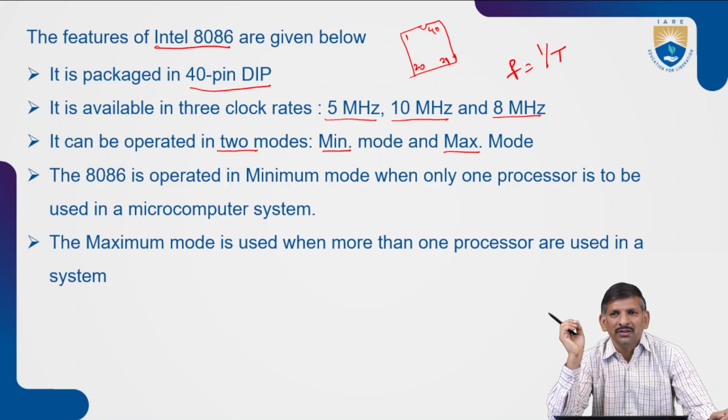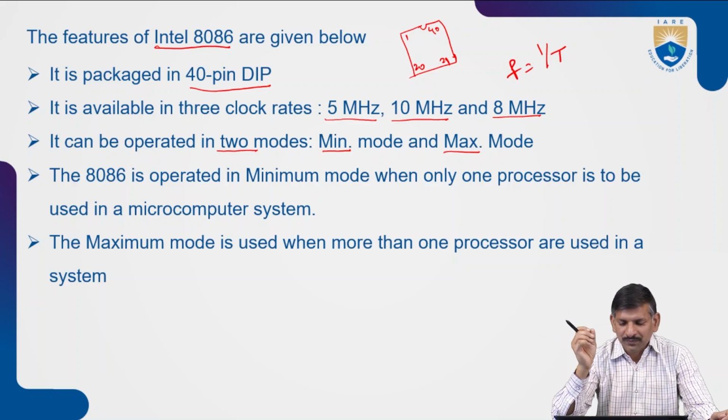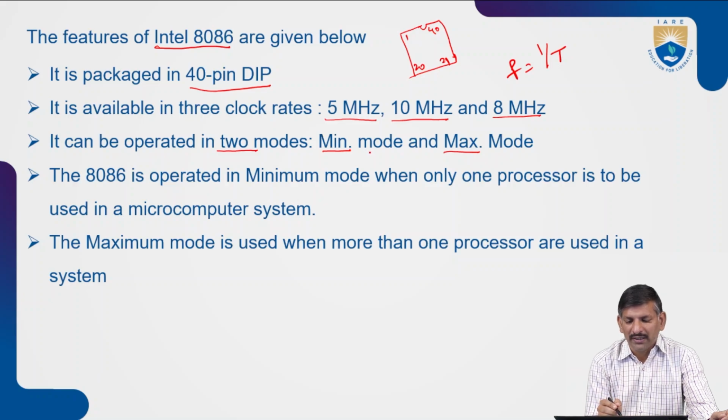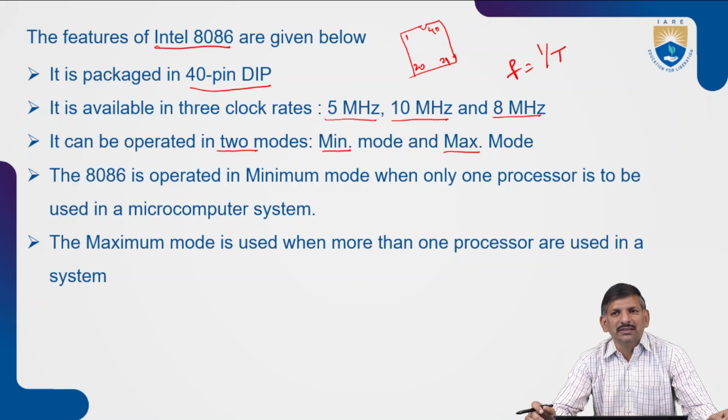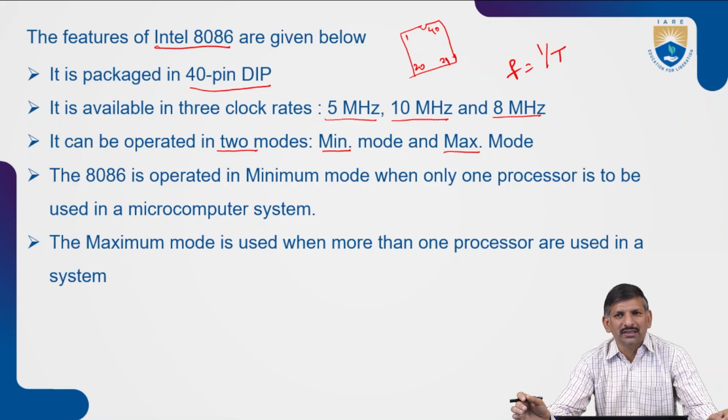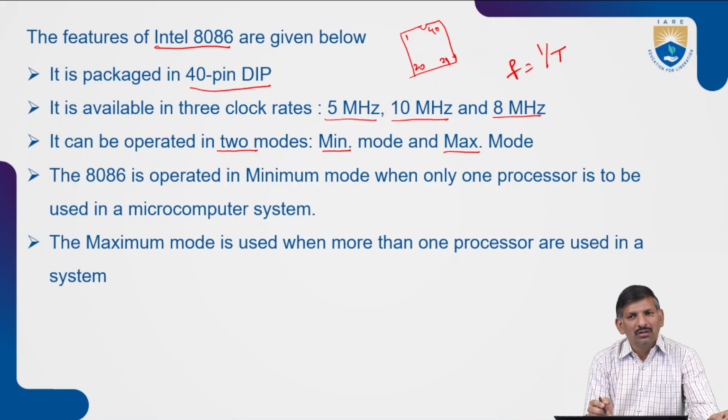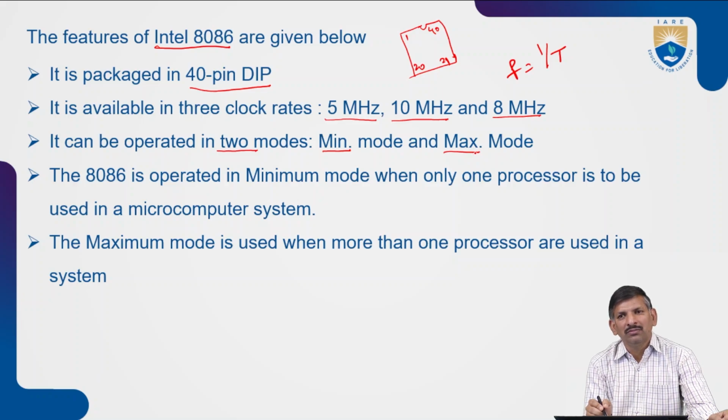At that time, the 8086 is operated in the minimum mode. The 8086 does not support floating point operations. At that time, the 8086 needs to be interfaced with the 8087. So at that time, it is operated in the maximum mode.